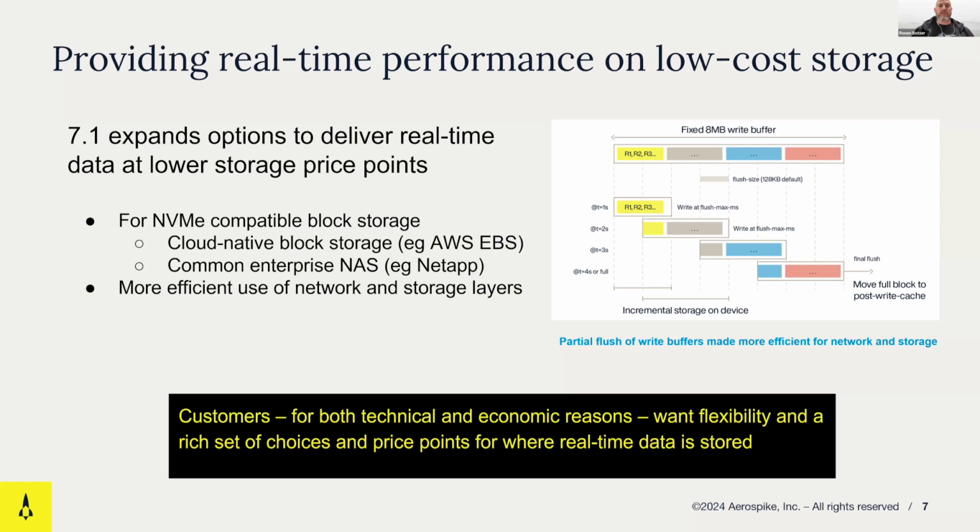So you get better max throughput, even if your data is on local SSDs, you get much better cost and performance, and better deployment options for low throughput situations. It's another set of deployments where you can get very efficient results out of the system with Aerospike 7.1. So we feel very good about these storage related changes.